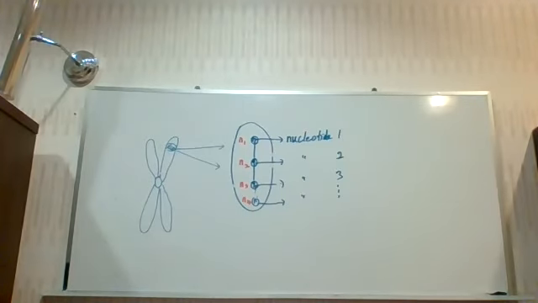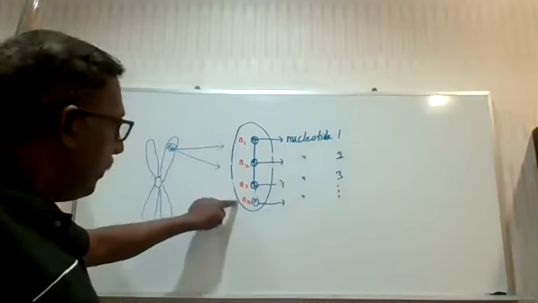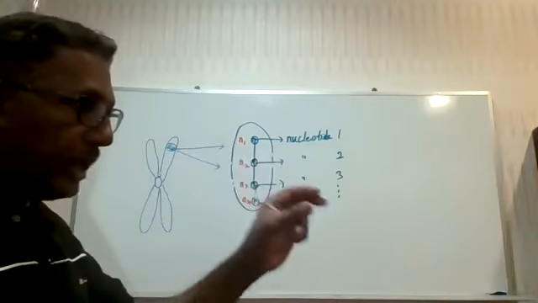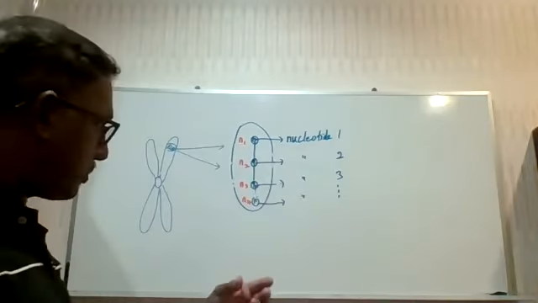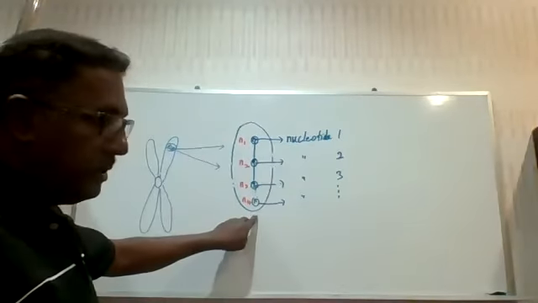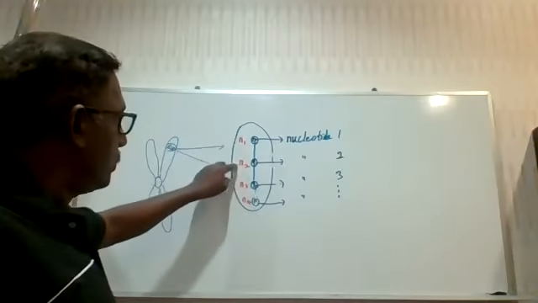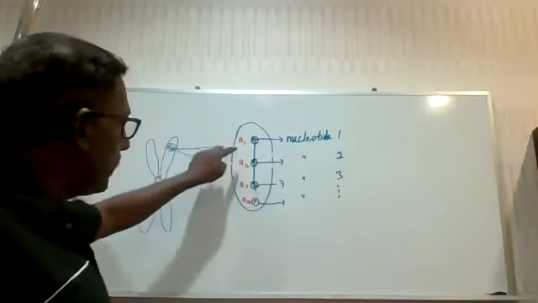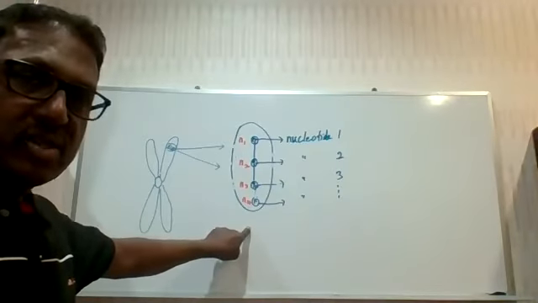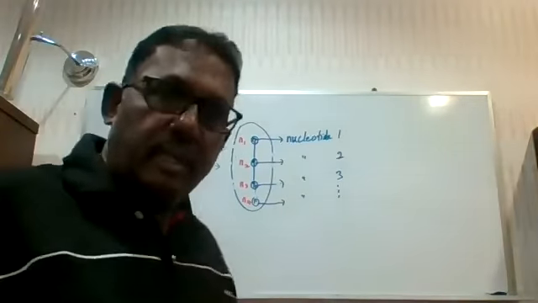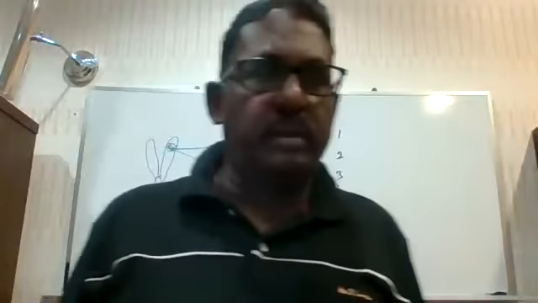Finally, you have 1, 2, 3, 4, and a new nucleotide with its nitrogenous base comes and fits in here. So instead of 1, 2, 3, 4, you have 1, 2, 3, 4, 5. You have an extra nucleotide. Does that make you a superhuman being?